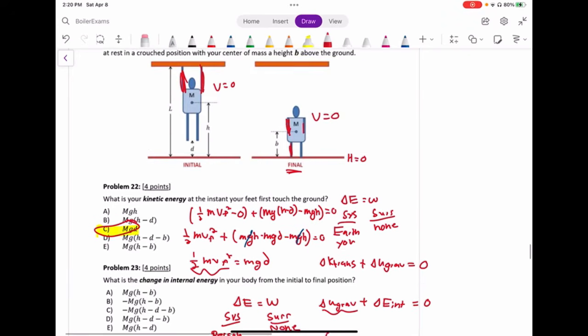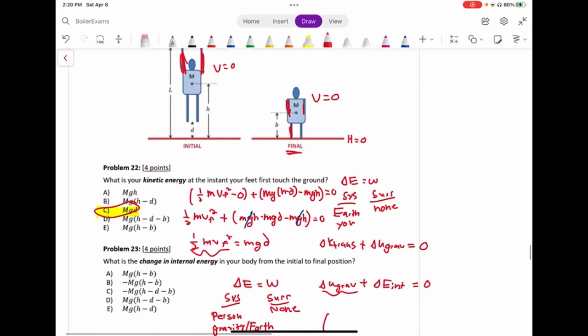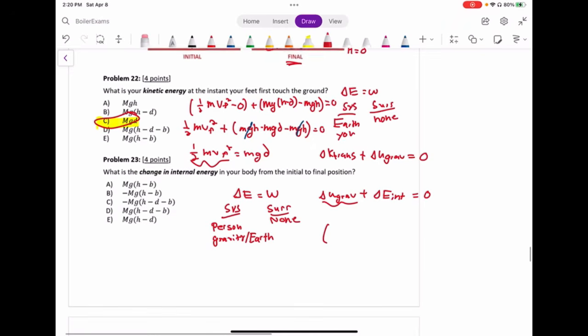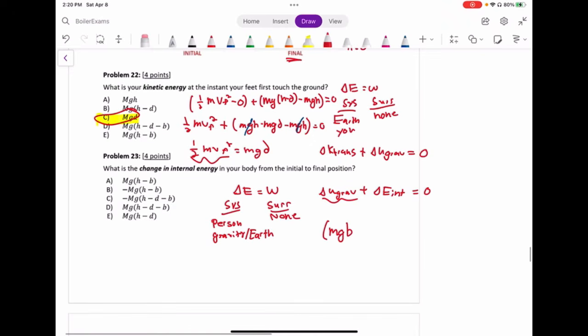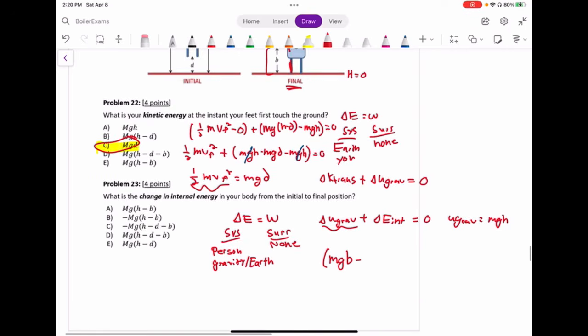So change in U grav: what is it final? Final gravitational energy is mgb, it looks like, because U grav is equal to mgh. And initial is just mgh.